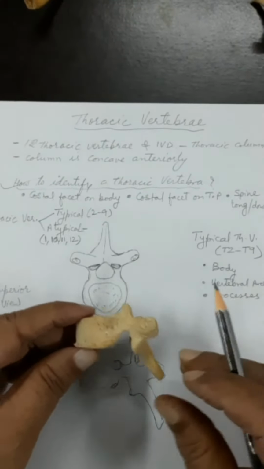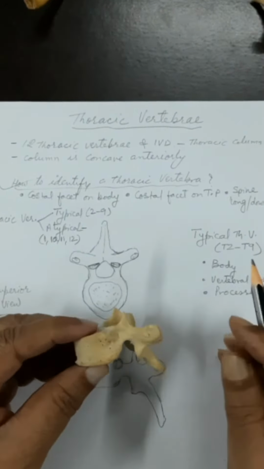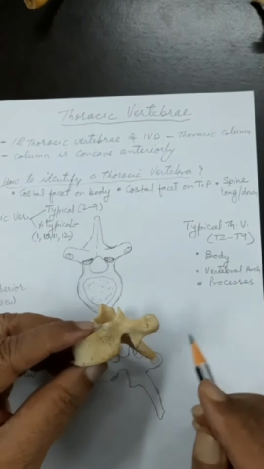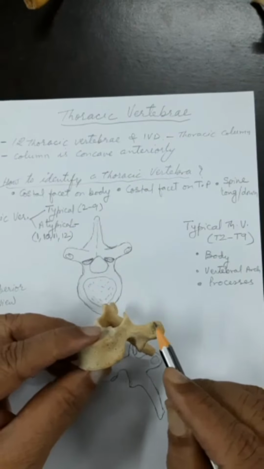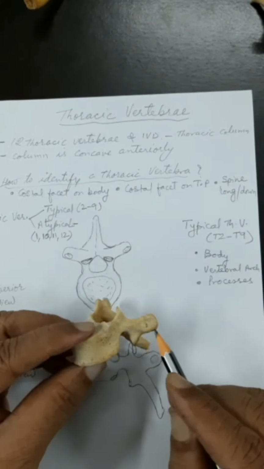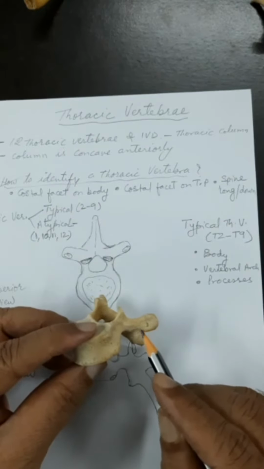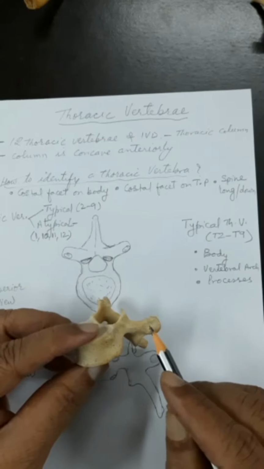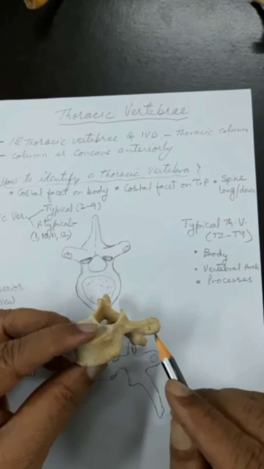The second identification point of the thoracic vertebra is to see the transverse process. Near the tip of the transverse process there will be an oval or circular facet, and this facet is for the tubercle of the rib.